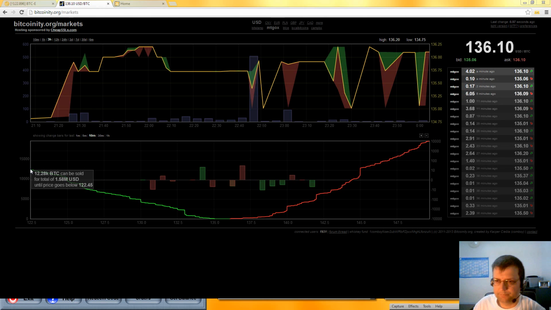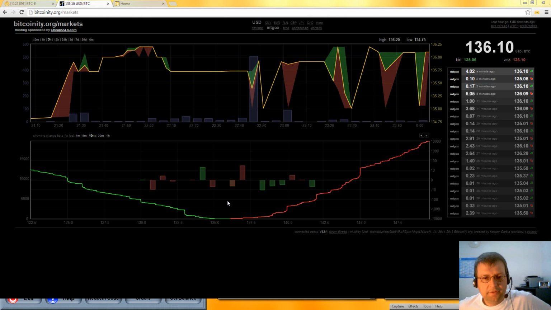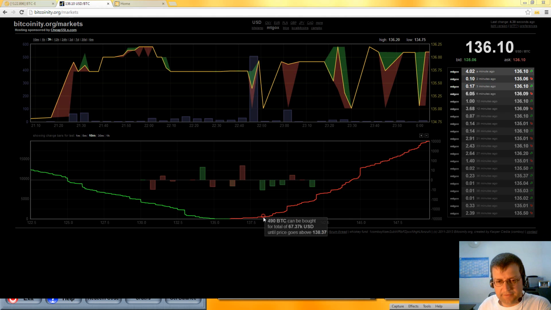Okay, just let me talk about these green and red bars. At the moment, there's no clear sign what the price will do next. And as you can see here, the bid curve and the ask curve are flat in a certain area, so it's really hard to predict what the price will do next.